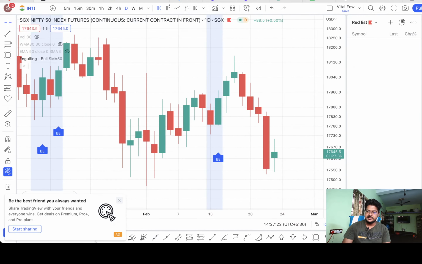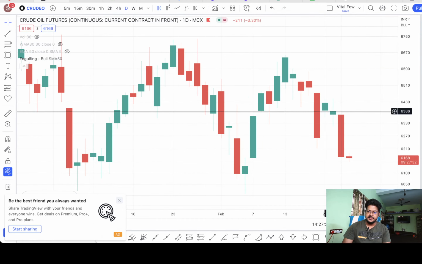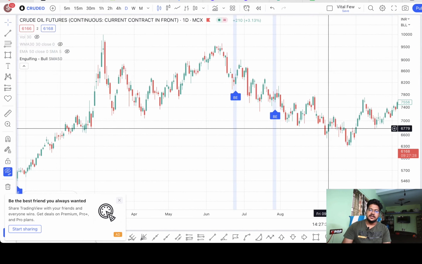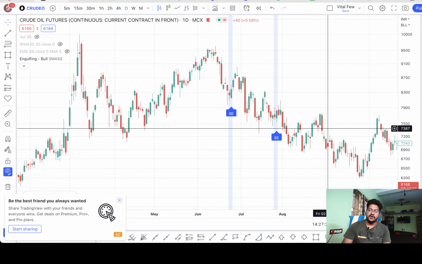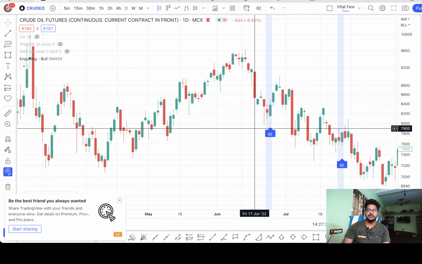Now let's go to some other chart, let's go to crude oil. This is the daily time frame, and please remember that you will spot this pattern mostly on the daily time frame. You can spot it in lower time frames like 30 minutes, 1 hour, 15 minutes, but those are not valid unless you have spotted them in the daily time frame.